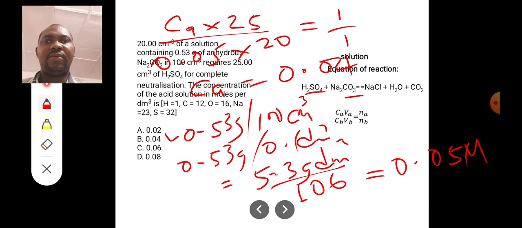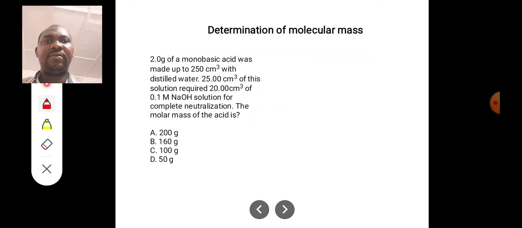So that is what we have for standardization. Now we see this is also a question on titration, but here it involves determination of molecular mass. We are given that 2.0 gram of a monobasic acid was made up to 250 cm cube with distilled water. 25 cm cube of this solution required 20.00 cm cube of 0.1 molar sodium hydroxide solution for complete neutralization.